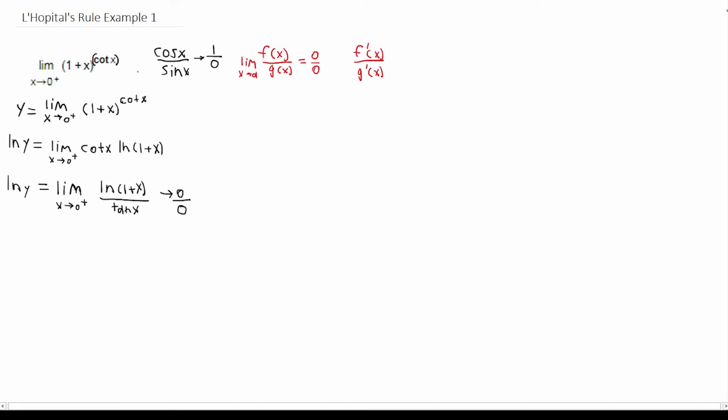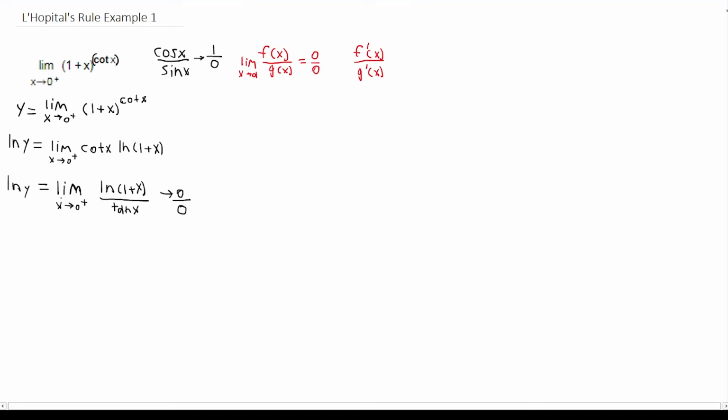It should be noted that using the natural log technique here, where I took the natural log of both sides, is only useful when you have an exponent expression.